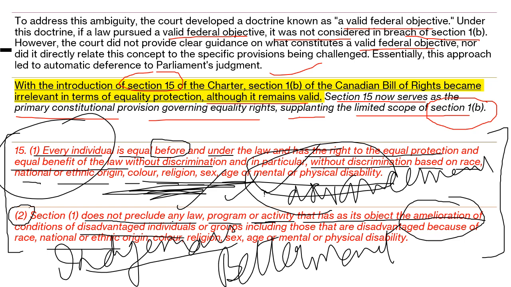But then when I thought about section 15 subsection 2, it directly hit my mind that no, this is directly coming under subsection 2. This is a kind of program, activity, or legislation enacted by the government with the objective of advancing the condition of Indigenous people. So questions like this might and do come in examinations, so you have to be very careful.